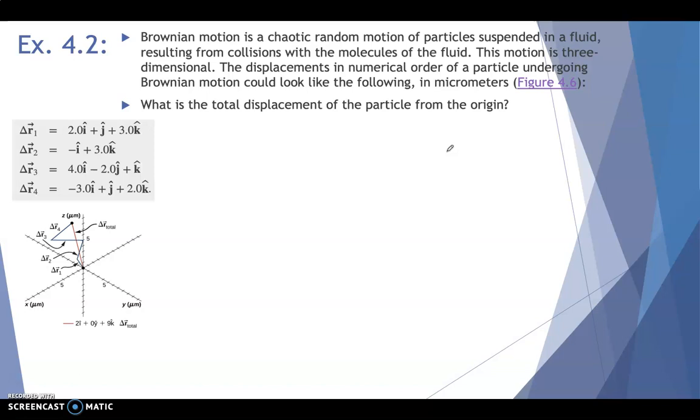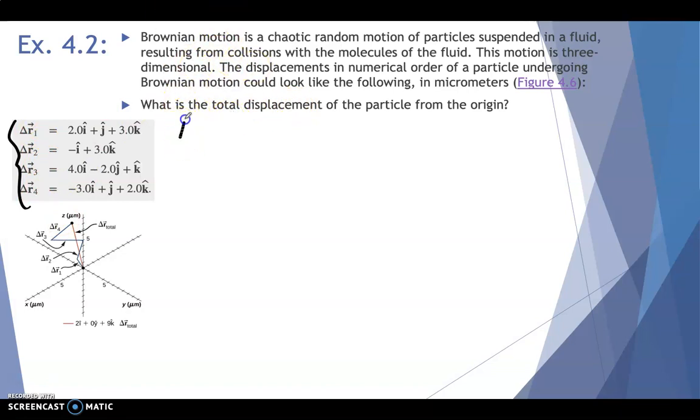This one is basically talking about Brownian motion, which is a random motion of particles. It describes it here, but we just want to say, okay, we've got this particle and it moves around from the origin, and we want to find the total displacement from the origin. As you can see, we already have a few different displacements that it describes, and so we want to find the total displacement.